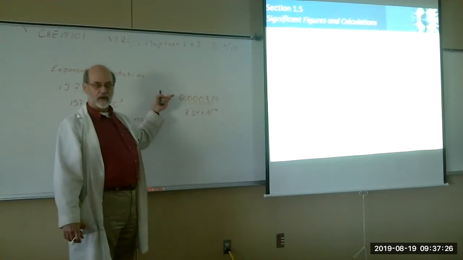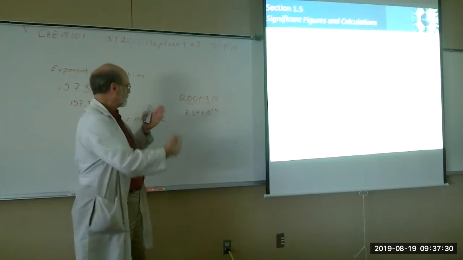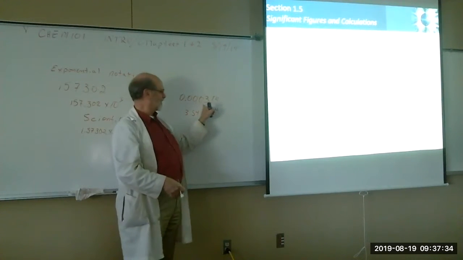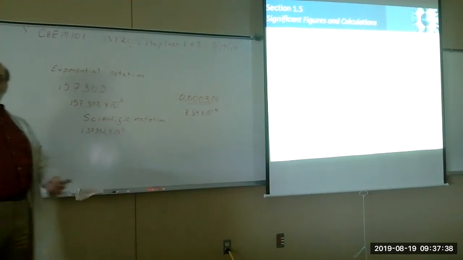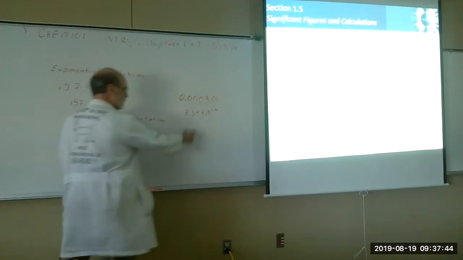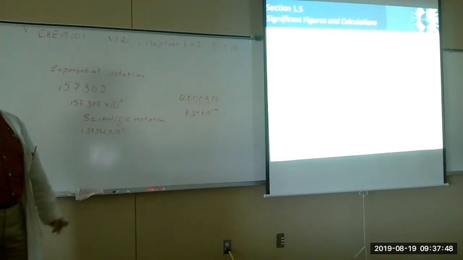Well, if your display only goes so far, say it only goes this far, you're going to lose those 3 digits, right? So if you set your calculator up to use scientific notation, then it will give you this number, and you won't lose any of your value.